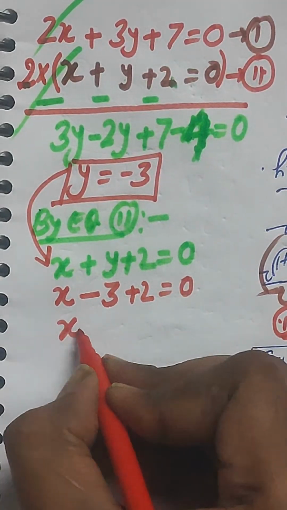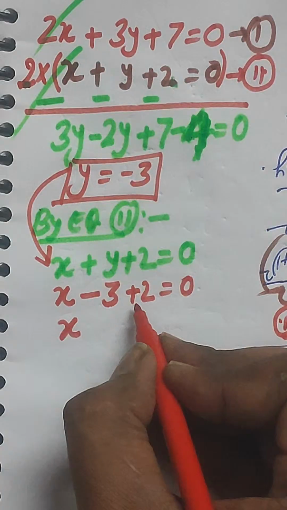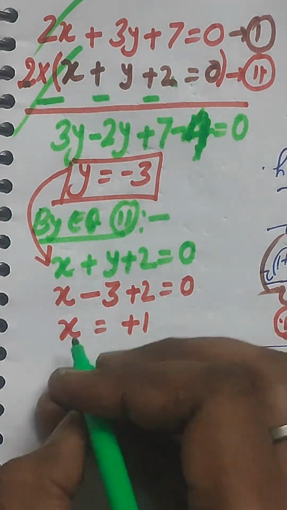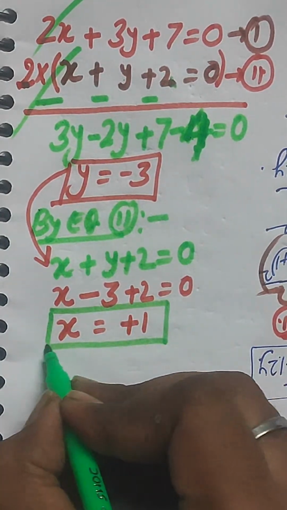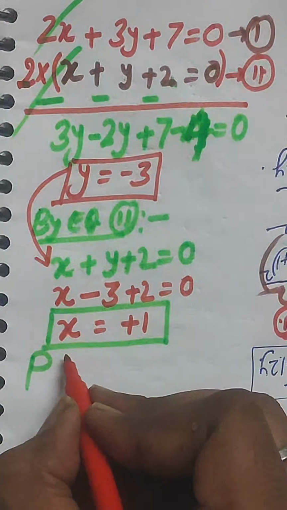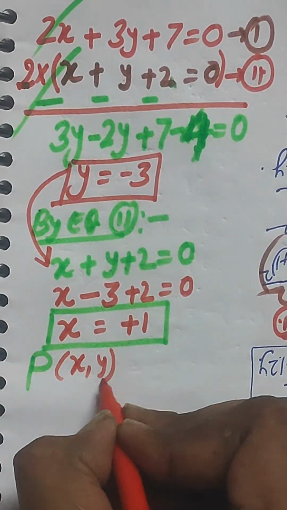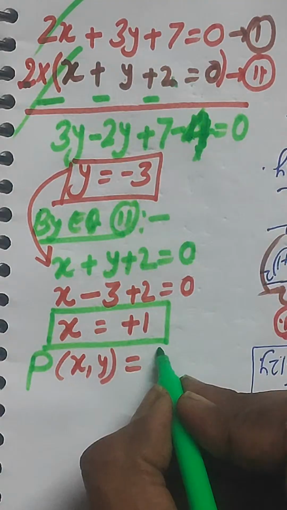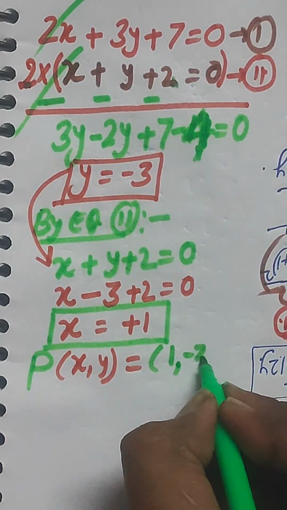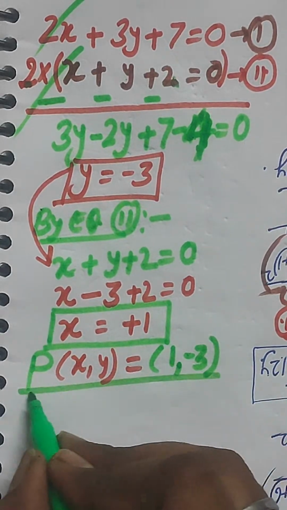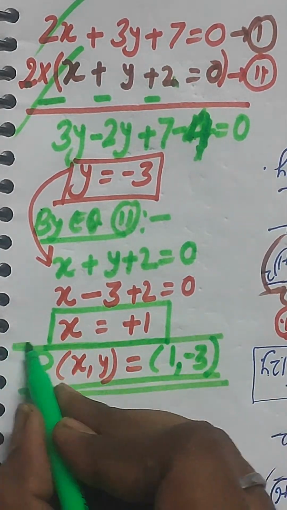So this will give you x minus 1 equal to 0 or x equal to plus 1. So in this way we got the coordinates of the circumcenter. The circumcenter was P, whose coordinates were x and y, and the values as we just derived are 1 and minus 3. So 1 and minus 3 is the circumcenter. So in this way we have solved the circumcenter.